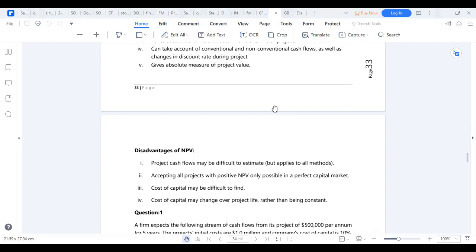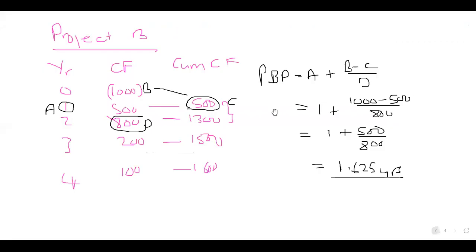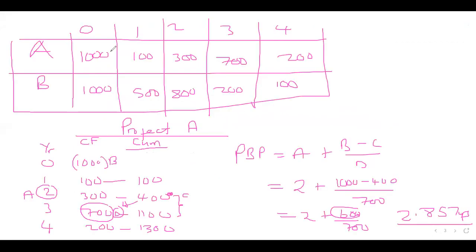So using the same examples, I'll do project A, you do project B on NPV. We have these projects here: 1,000, 100, 300, 700, and 200. So we have here years 0, 1, 2, 3, 4.